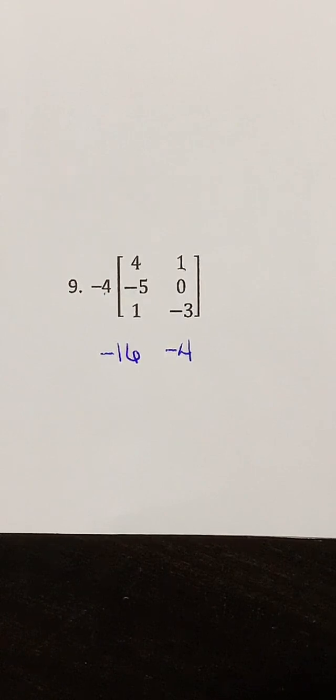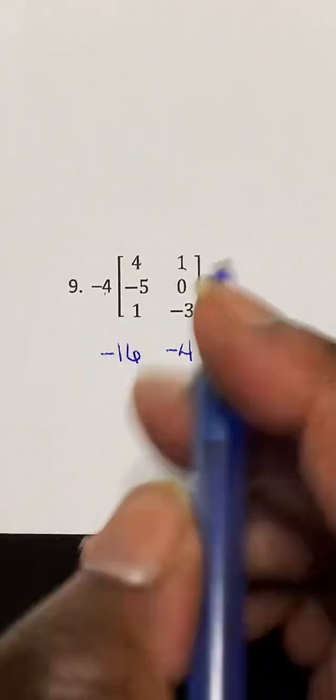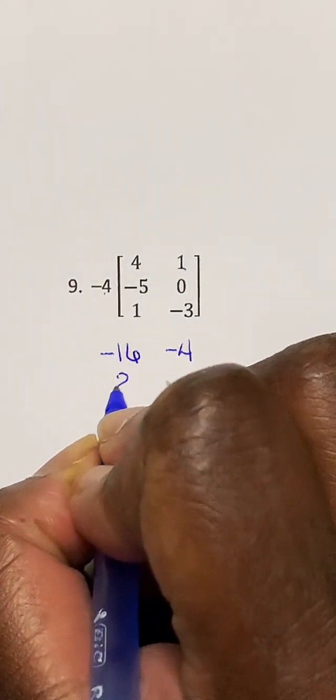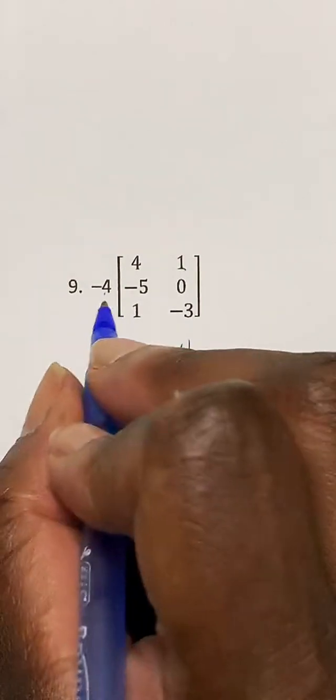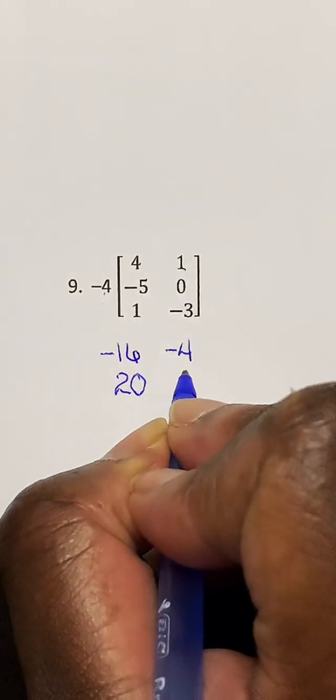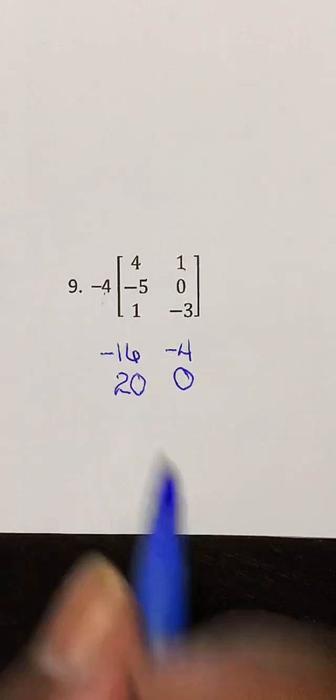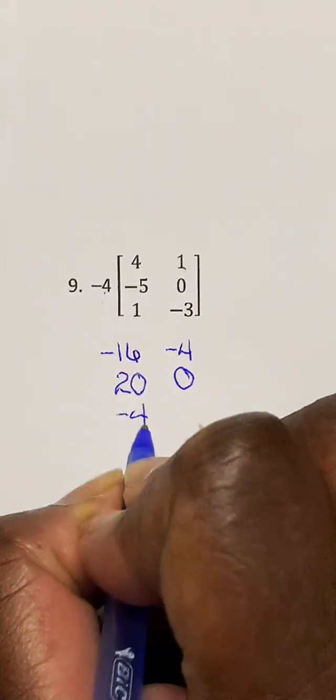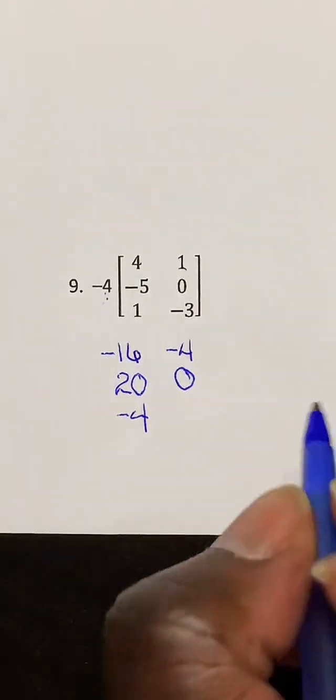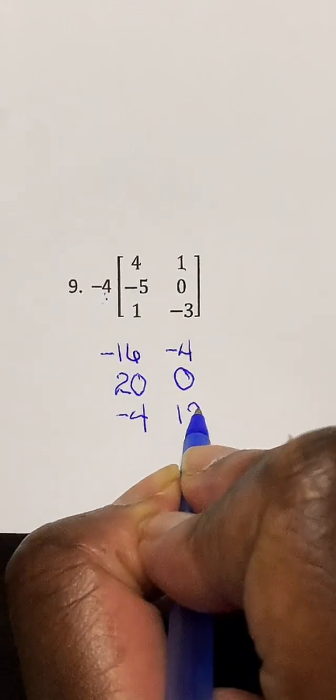So you got your 20. So yep, -4 times -5 gives me 20. And -4 times 0, yes, Danielle, that gives me 0. Okay. All right. So -4 times 1, -4. And -4 times -3, +12.